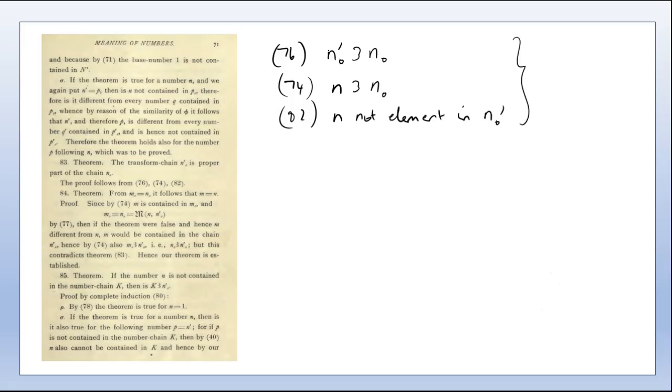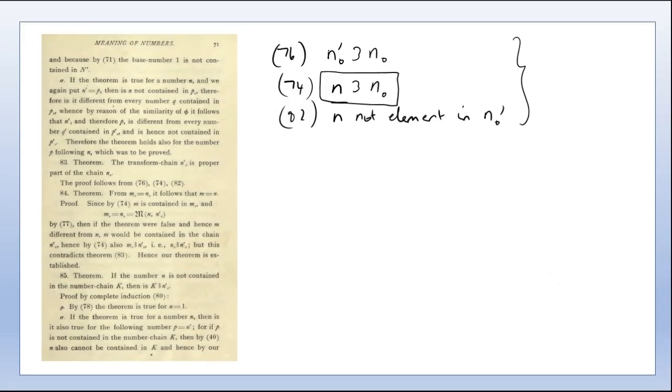So putting all of this together, what we see is that there is an element n which is in the chain of n, but which is not in the transform chain of n.